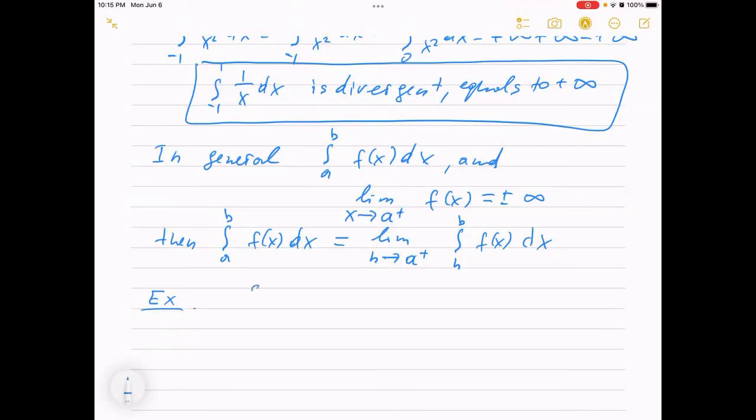Example: the integral from 1 to 2 of 1 over (x minus 2) squared dx. We look at the interval from 1 to 2, and we have a discontinuity at 2. So we're going to rewrite this integral.